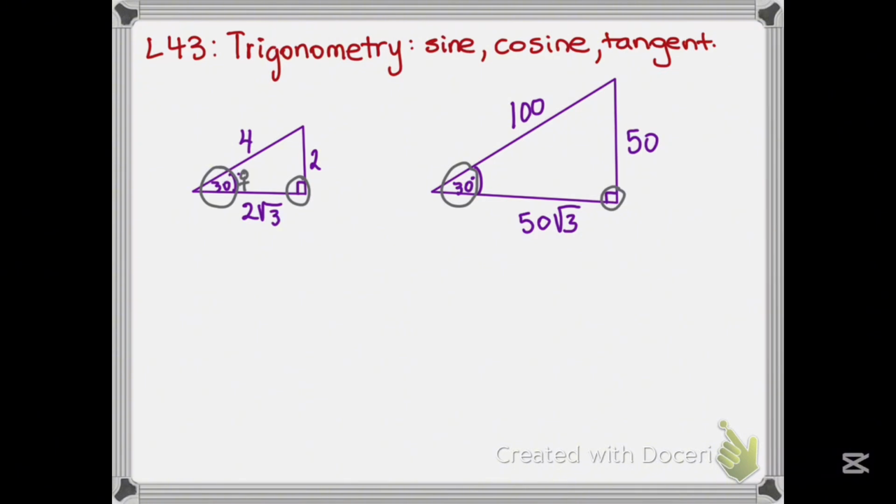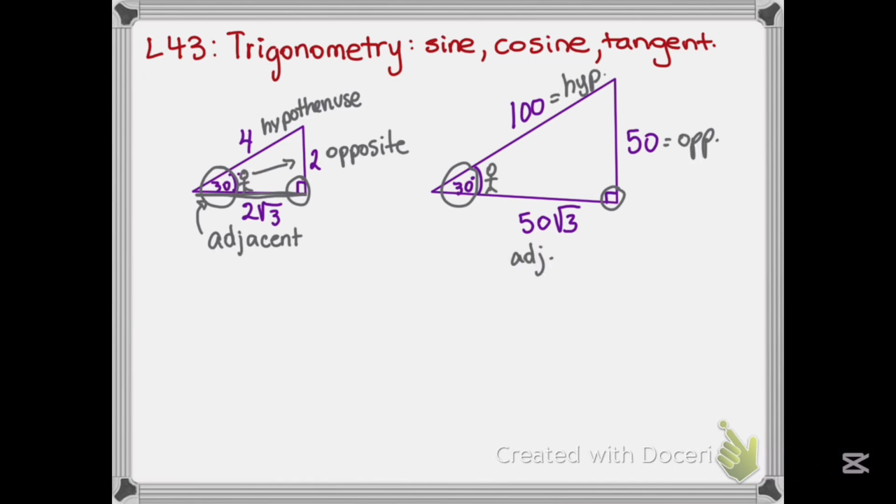If I'm standing here, the side that is touching is called adjacent to this angle 30. The one that is across from it is called opposite. And then the one that is opposite to 90 is the hypotenuse. And notice that if I do the same here, we're going to have the same.